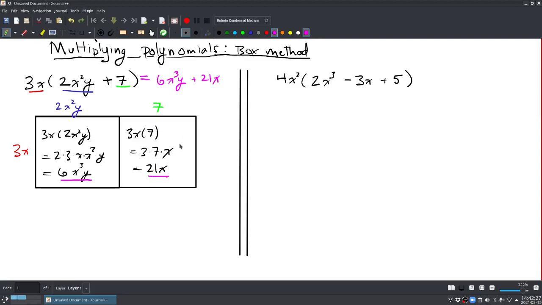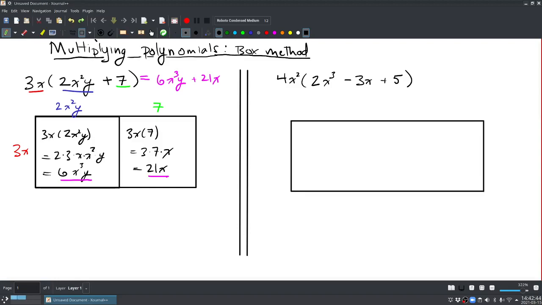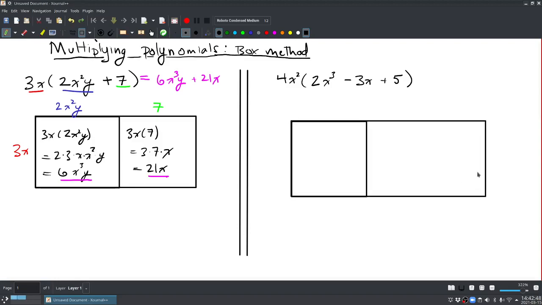All right, so let's do that one more time, and let's actually use an example where we have 3 terms in the parentheses. So we're going to need 3 small rectangles. So our big rectangle here, and then we split it up into 1, 2, 3 rectangles.